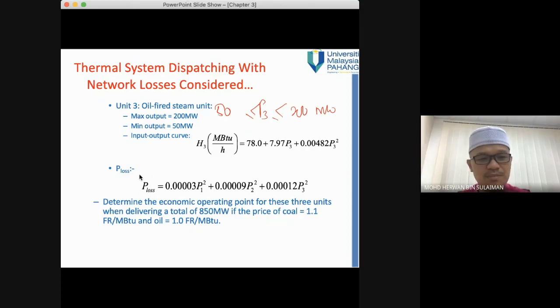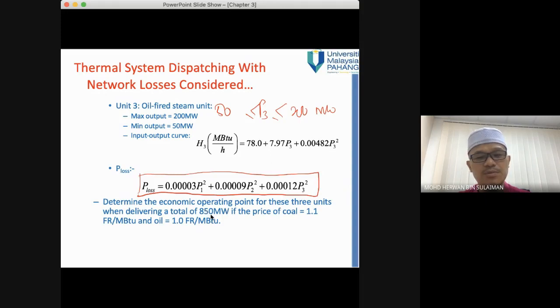This one is normally just simplified, where your loss is given. This is the loss coefficient: 0.00003 P1 square, 0.00009 P2 square plus 0.00012 P3 square.